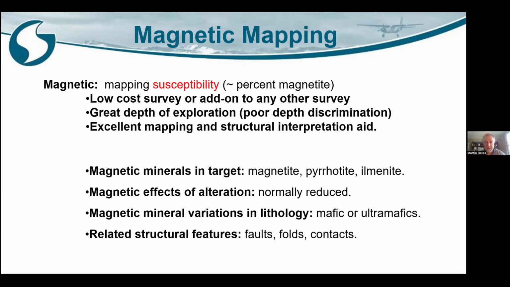And so that's where the negative effect can come in. And then we can also just map variations in rock types depending on the bulk lithology, and you see structures, breaks in the magnetic field. You see folds and contacts between different kinds of bodies.